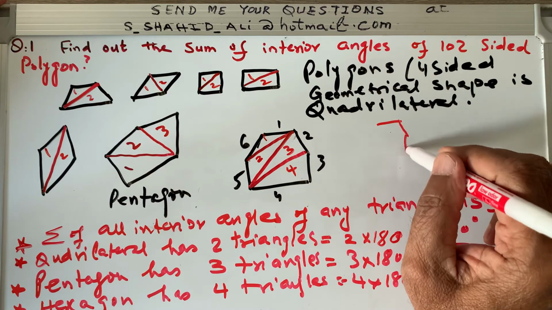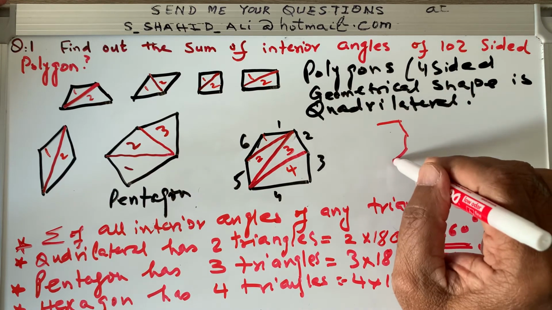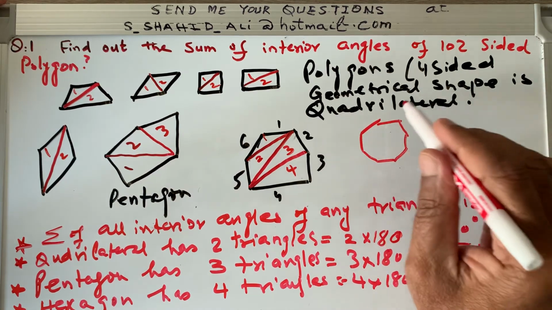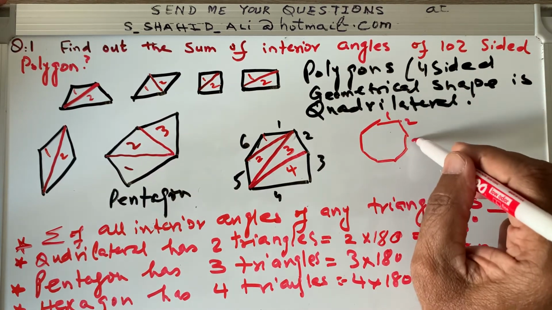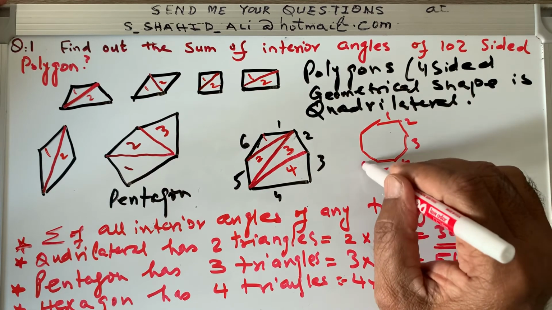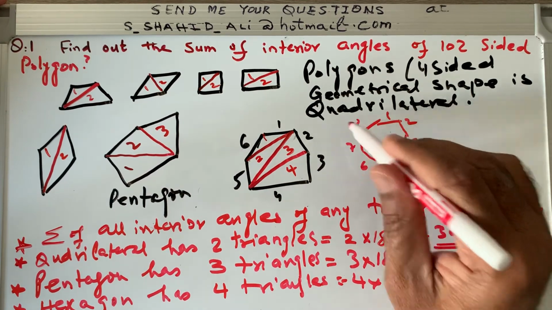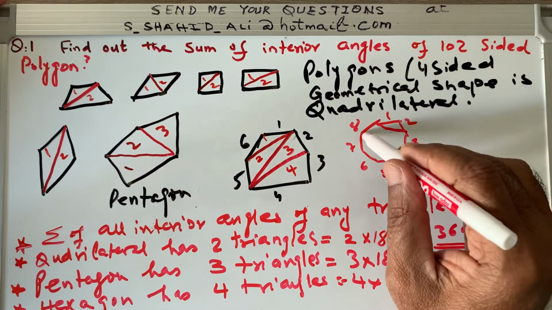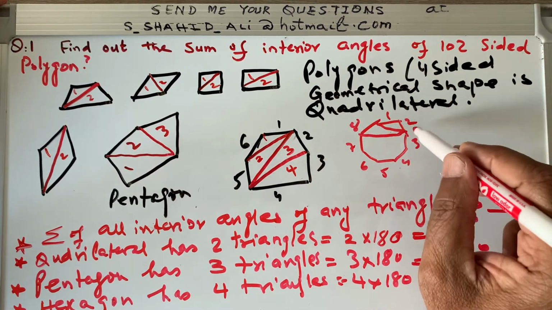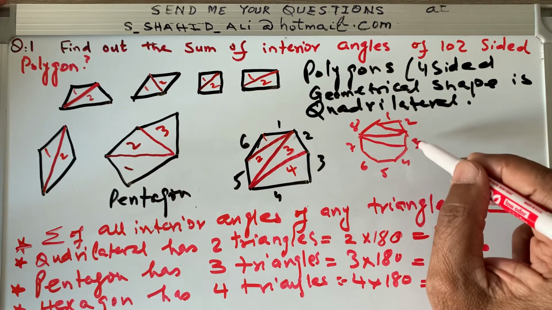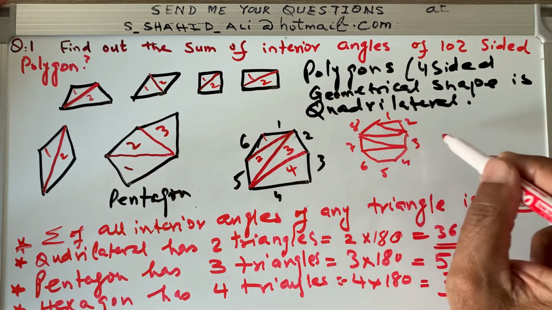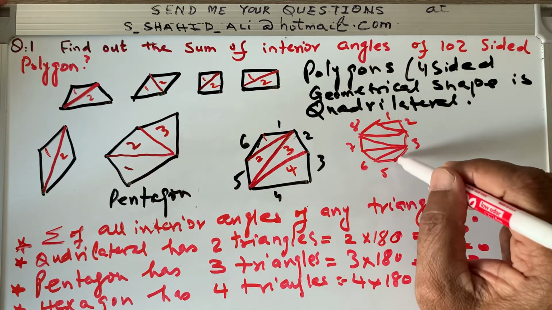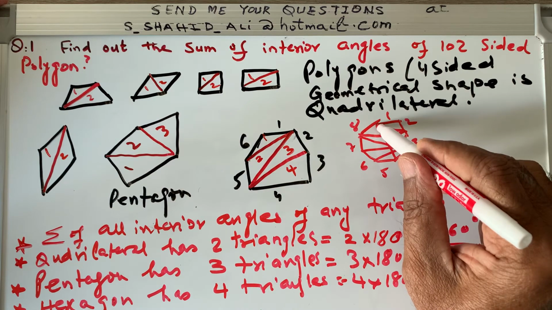Okay, 8-sided figure. 1, 2, 3, 4, 5, 6, 7, 8. How many triangles can we make? 1, 2, 3, 4, 5, and 6.